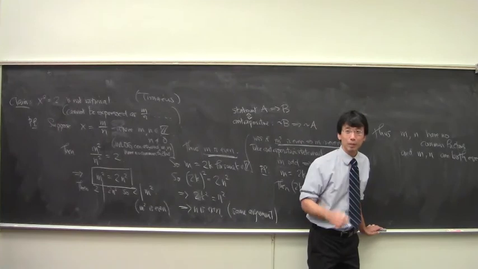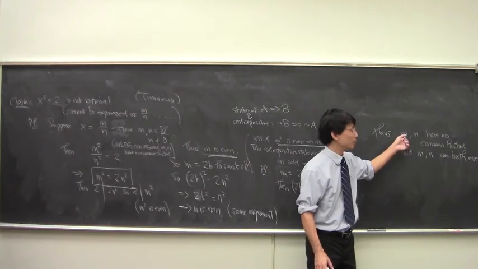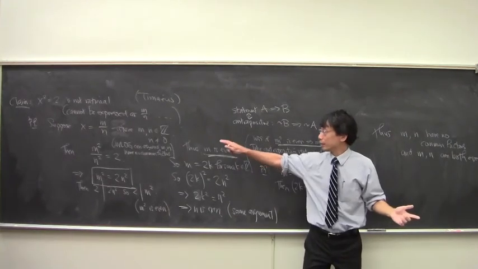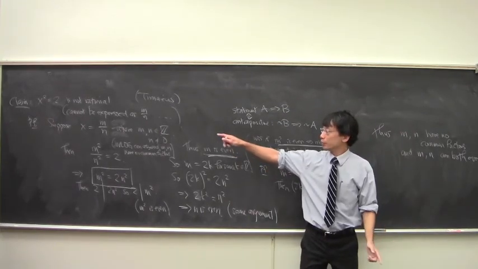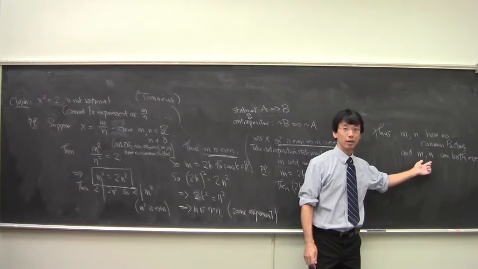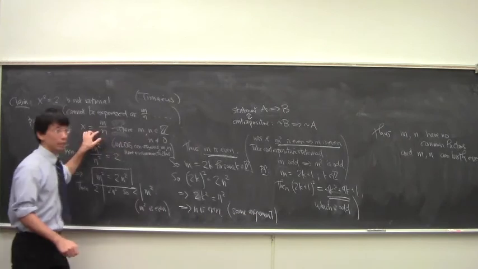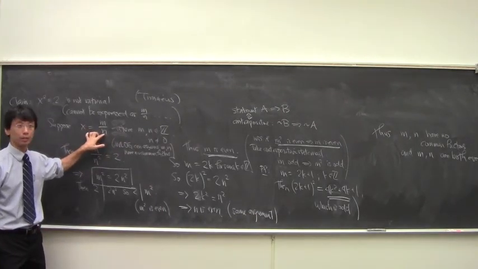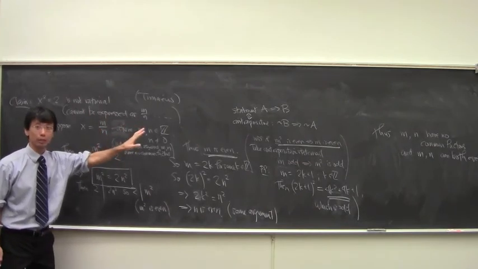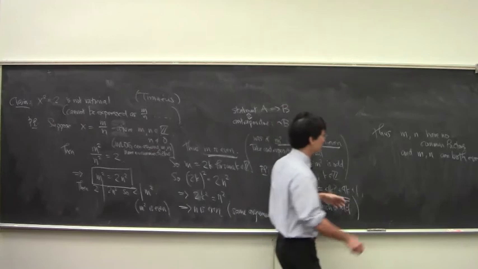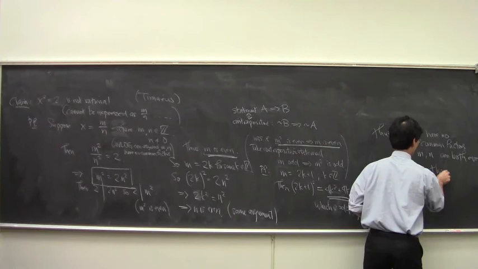Does that bother you? It's a contradiction. This is impossible. We assumed they have no common factors, but we see that they're both even. So if this guy is rational, then we end up with this craziness. And so x could not have been rational.